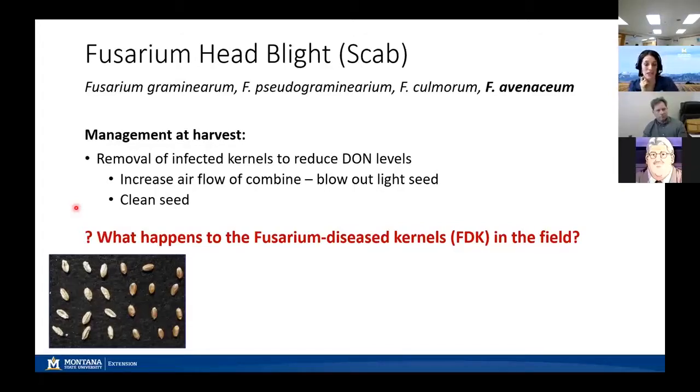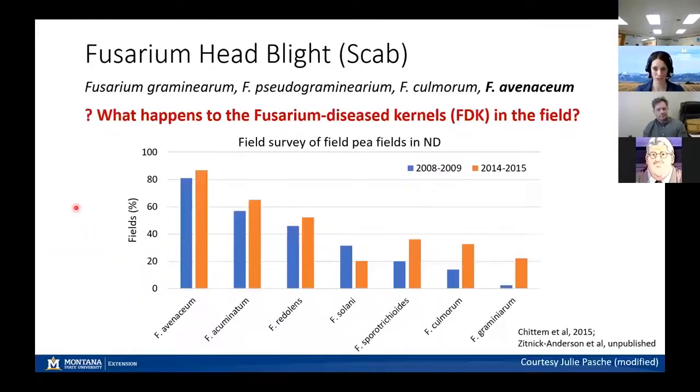And so while this management strategy makes sense for your immediate economic return, Frankie Crutcher, the plant pathologist at the Agricultural Research Center in Sidney, Montana, asked herself this question, well, what happens with this Fusarium avenaceum pathogen on these diseased kernels that are blown out and left in the field?